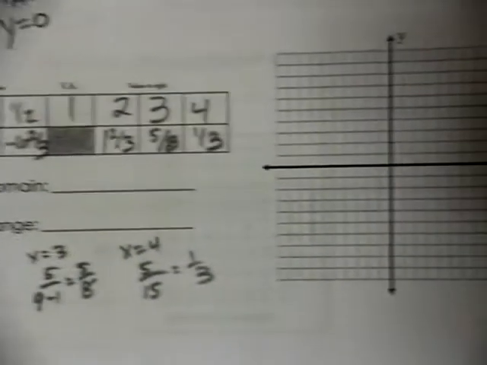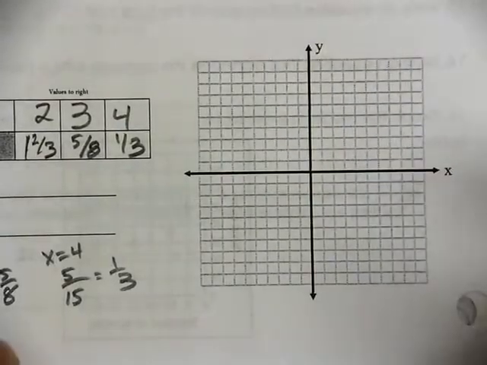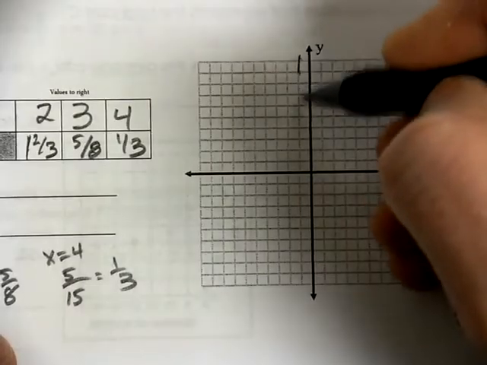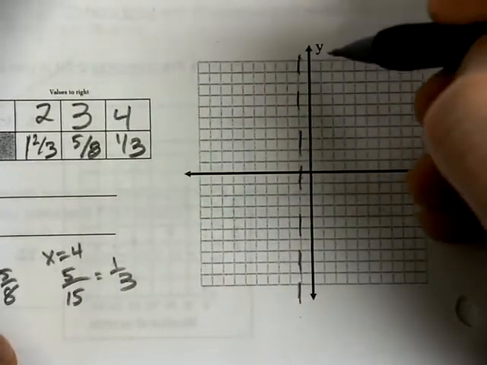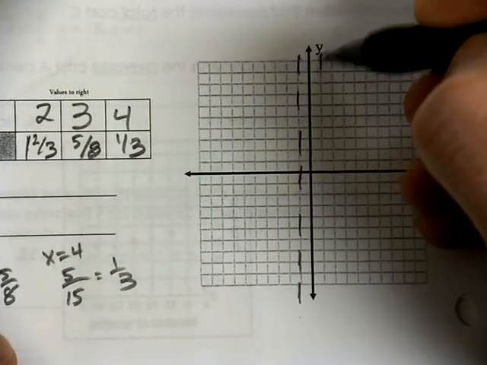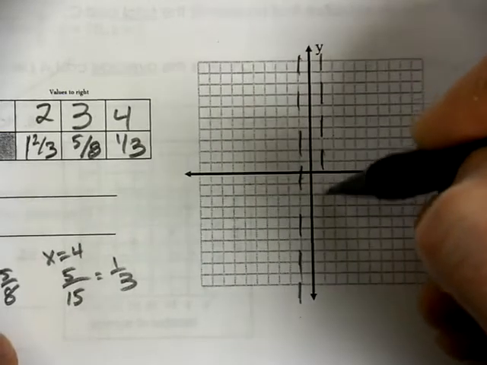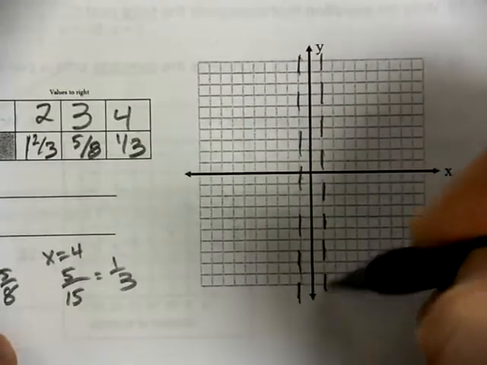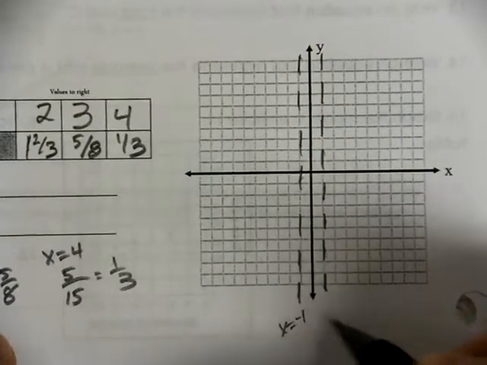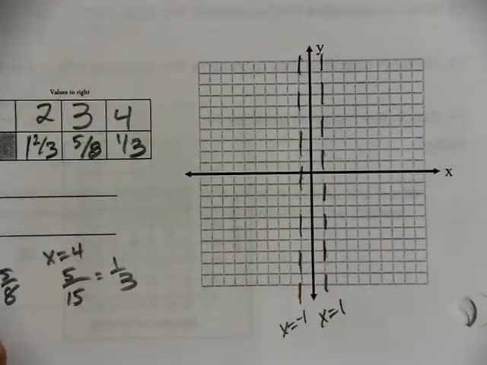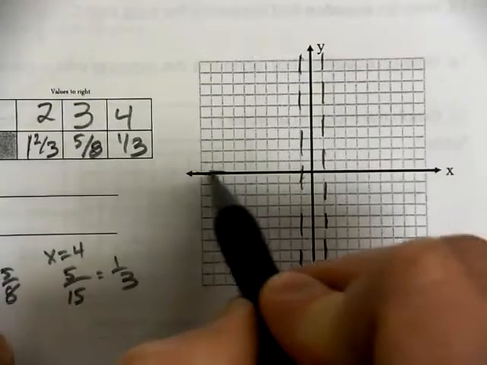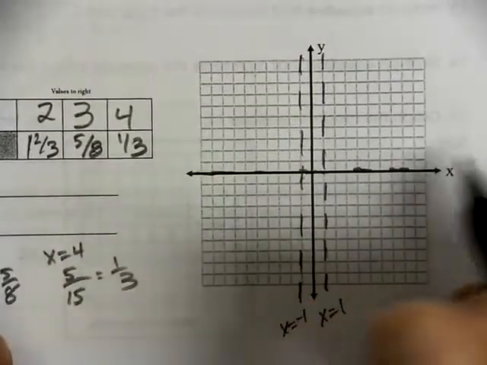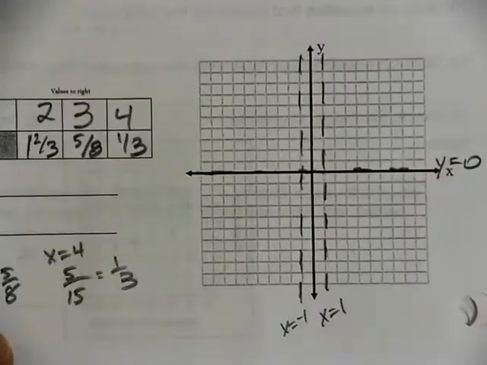So when we come over to our graph, we're going to put in our vertical asymptote. It looks pretty close together, but it'll all fit. x equals negative 1, x equals 1. Be sure to label your graphs. We have a horizontal asymptote at y equals 0. Plug in our points.